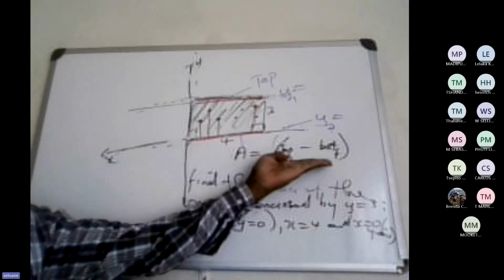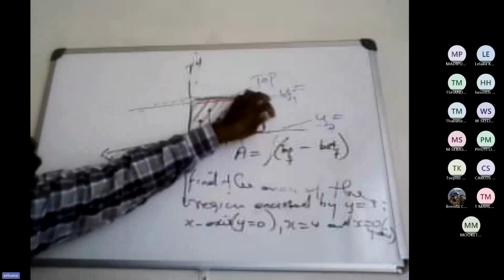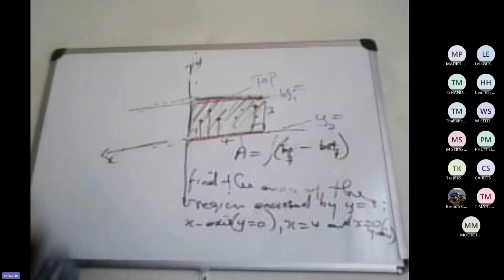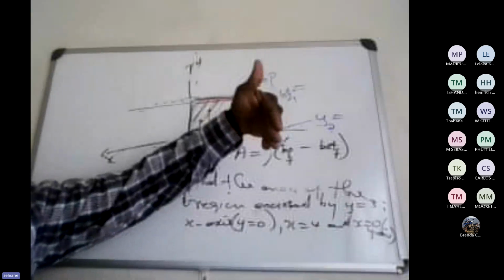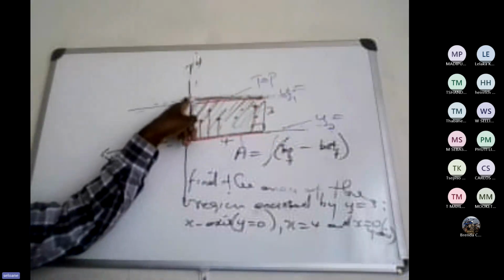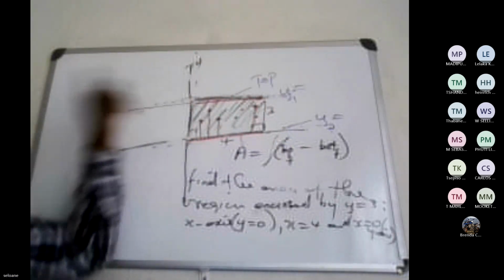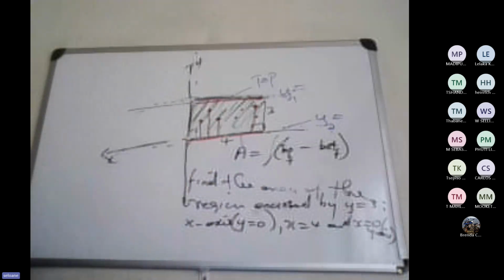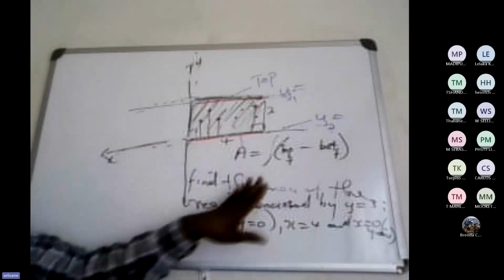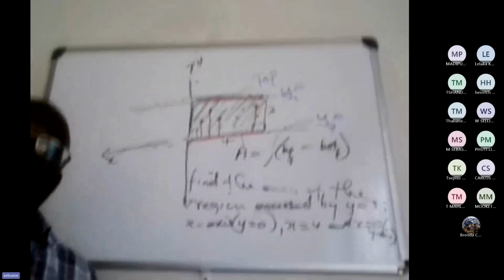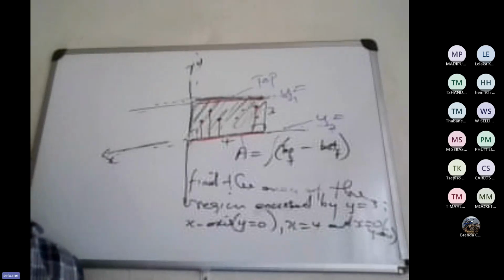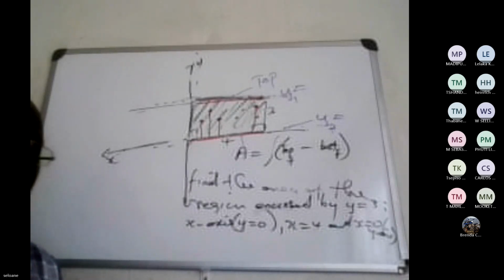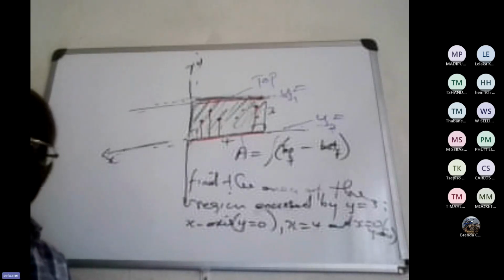We use this only if the whole region is enclosed on top by a single function and at the bottom by another single function, like this one. So how do we find the area? It will be the integral of the difference of these two functions. Let us pause here. Any question thus far?